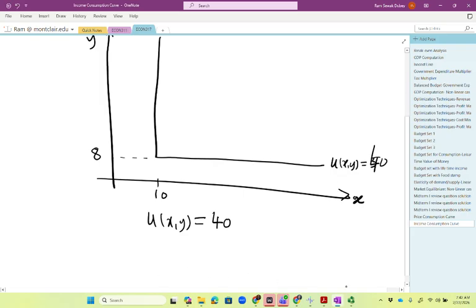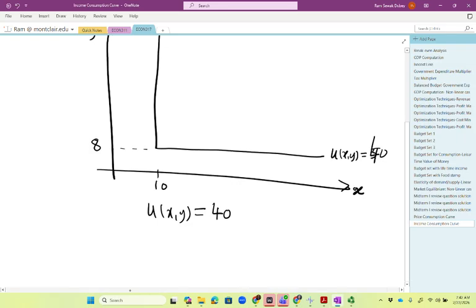Okay, for this utility function, I will go ahead and write down the consumption bundle which the consumer will choose at different levels of income. So I will write down X star, and I want to write this as a function of income because the income level is going to change.